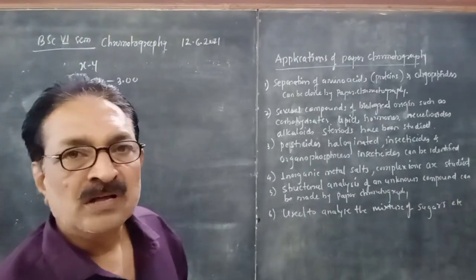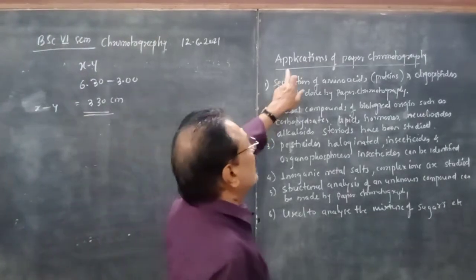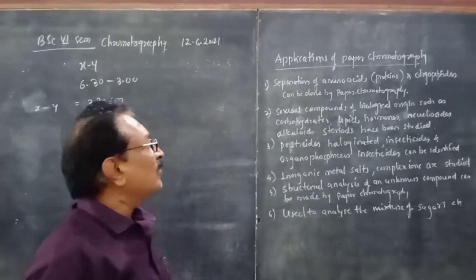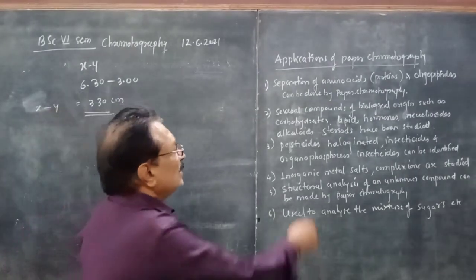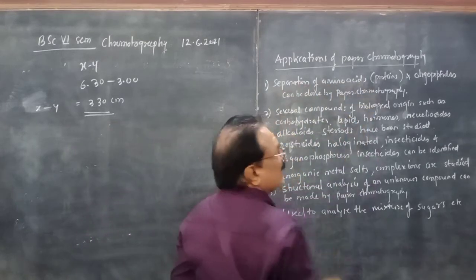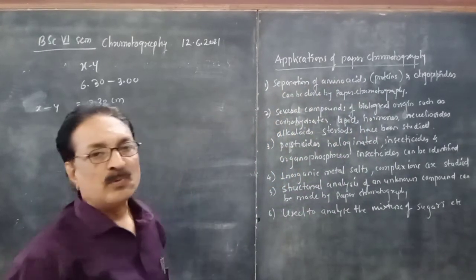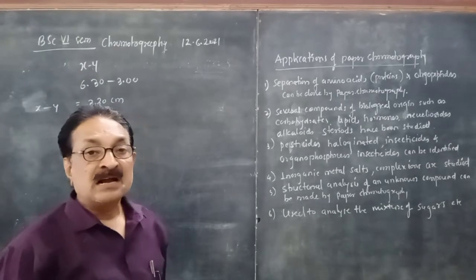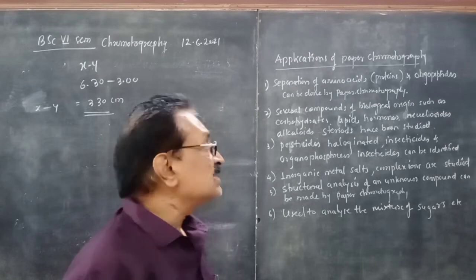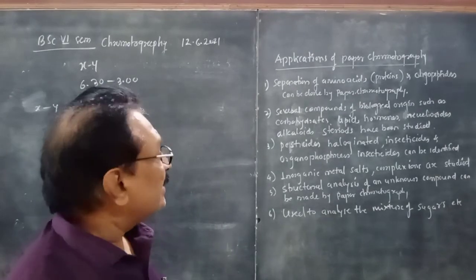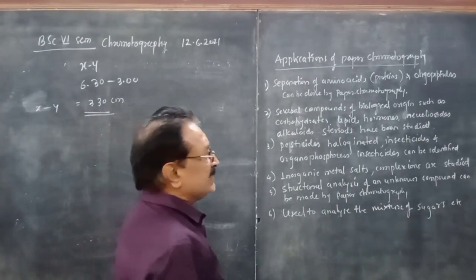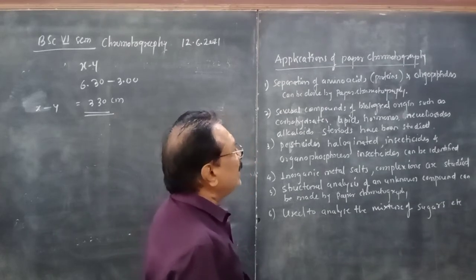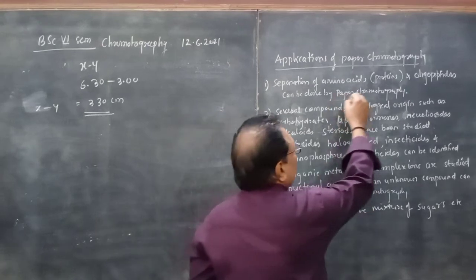Then you come to the last point of the paper chromatographic technique: what are its applications? The first is the separation of amino acids, and in brackets, proteins. The condensation polymers of the amino acids are called proteins. The separation of amino acids, oligopeptides and peptides can be done by the paper chromatography technique.